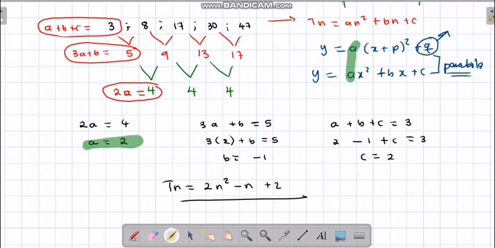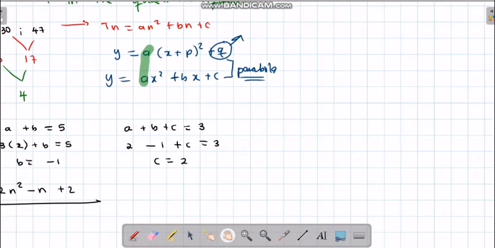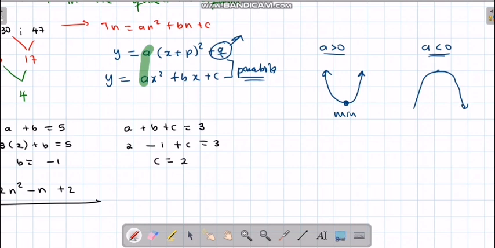If you still remember, on our parabola, we're told that when a is greater than 0, our graph is smiling. Therefore, if it's smiling, we'll have a minimum. And then if a is less than 0, our graph will be sad. Then we'll have a maximum.